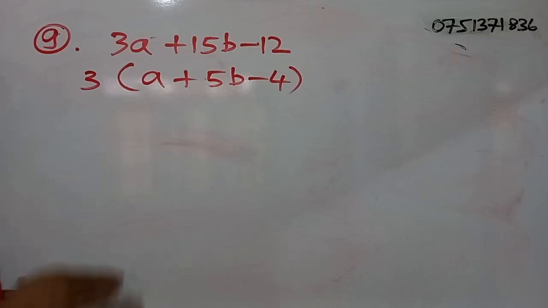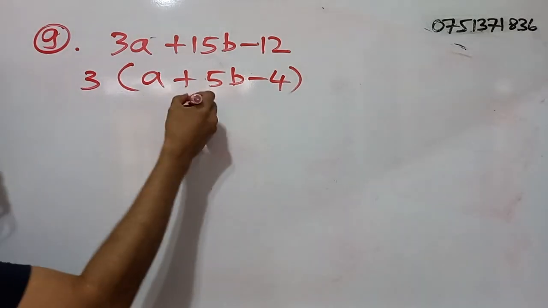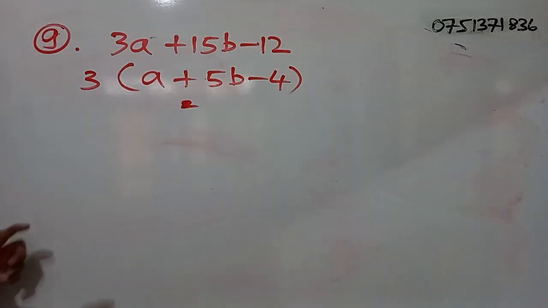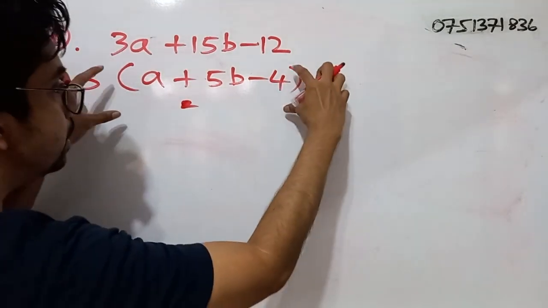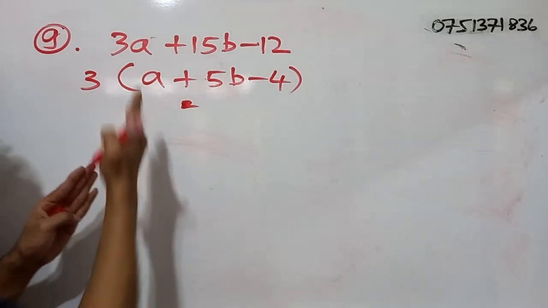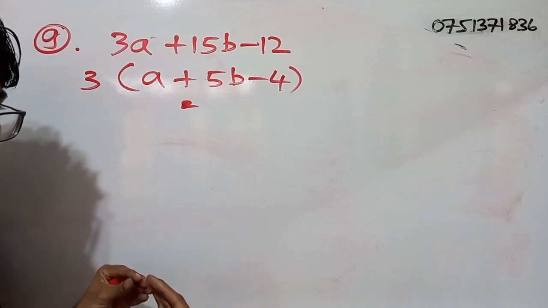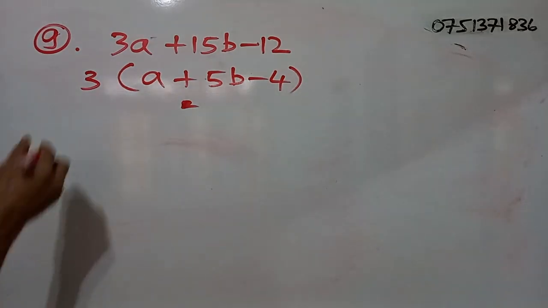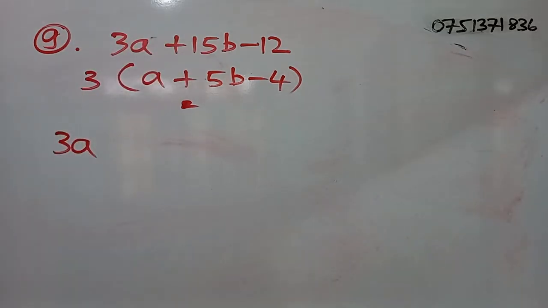Okay, so we will discuss this a bit further, right? Now this is the answer. So we will discuss how we come up with the terms that go inside the brackets. So the first thing is, we need to understand, when we think about these 3 terms, the common factor is what? 3, right? So we will take the first term, which is what? 3a.